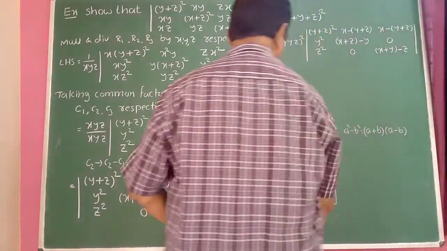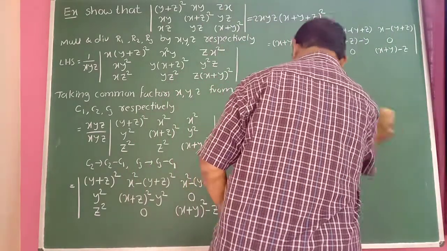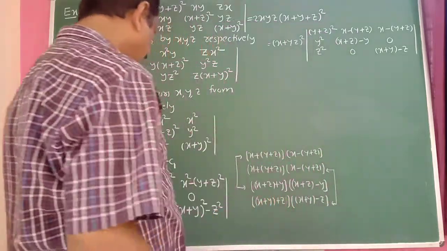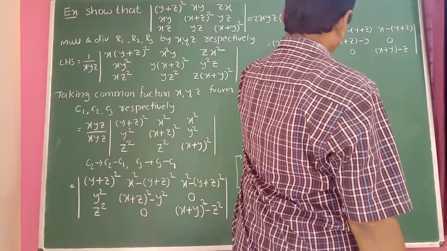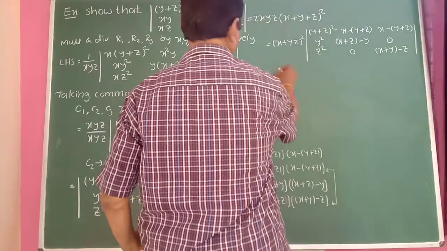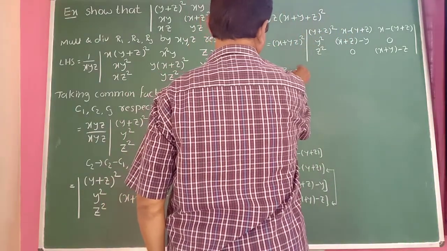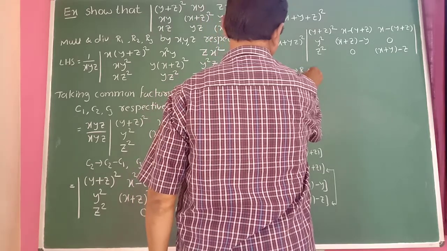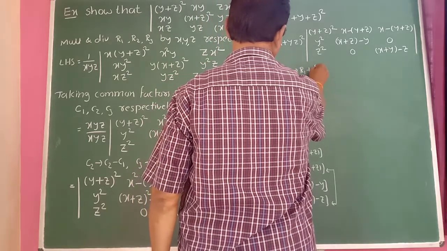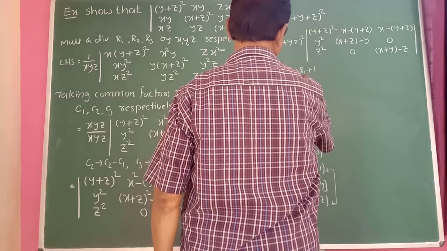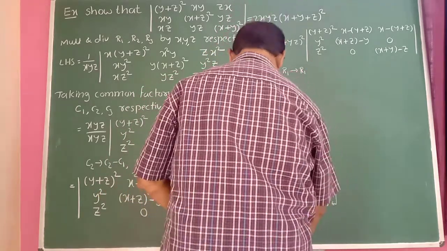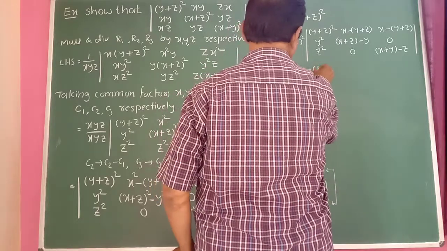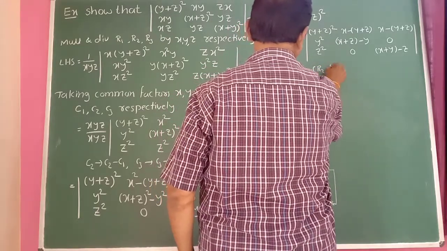Okay. Then here R1 becomes R1 minus the sum of these two, R1 minus (R2 plus R3).